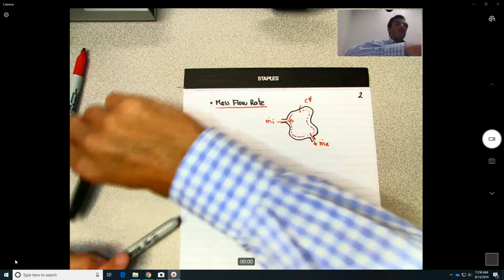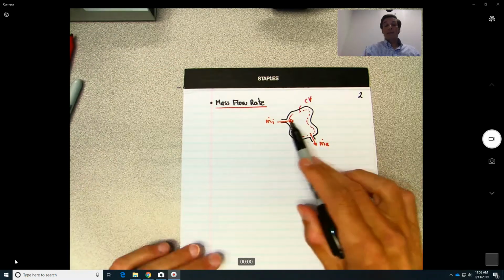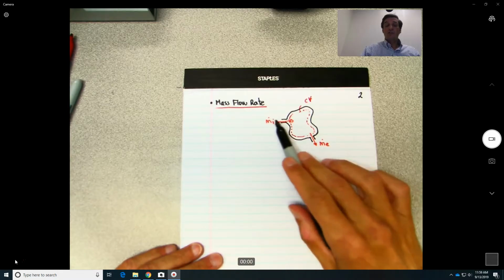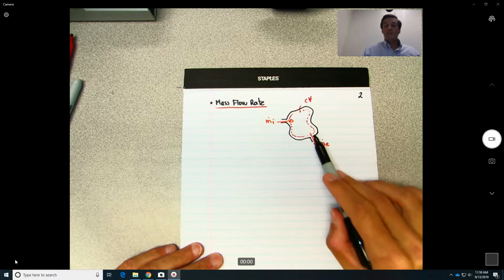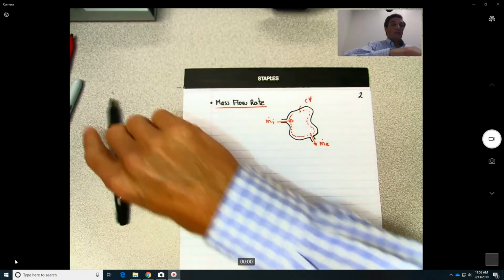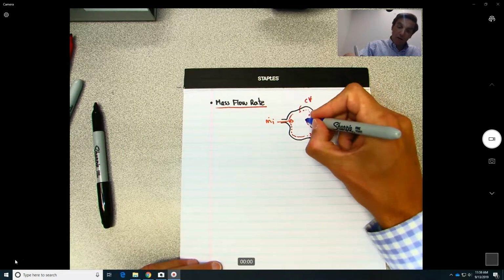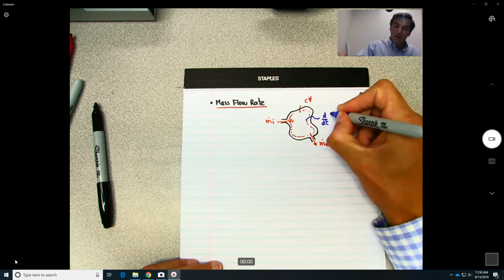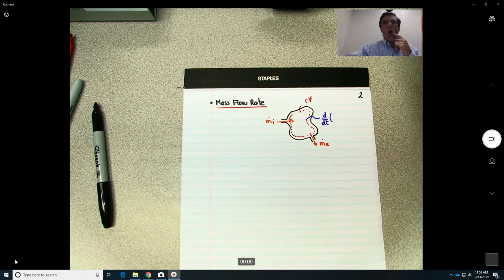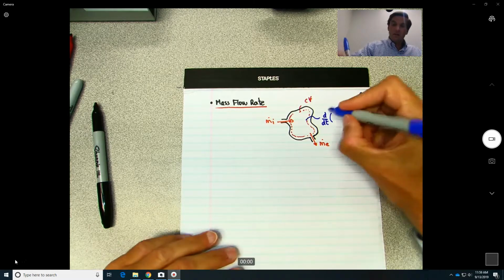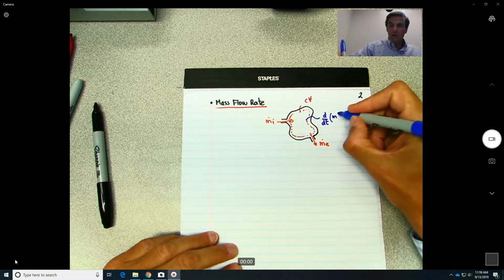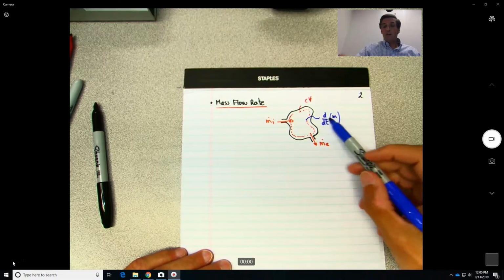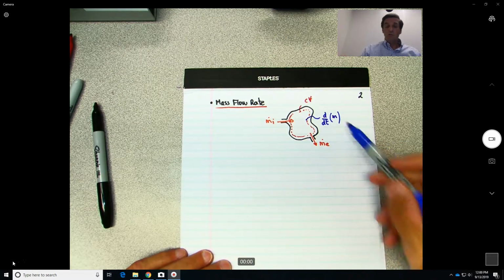What happens if, let's say, this is a pipe that has an inlet and an outlet, but the pressure at which the fluid goes in is different from the one at which it goes out? In that case, you might have a change of the amount of mass inside the control volume as a function of time.